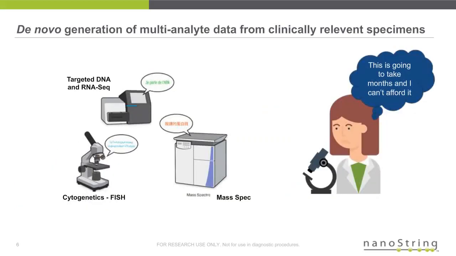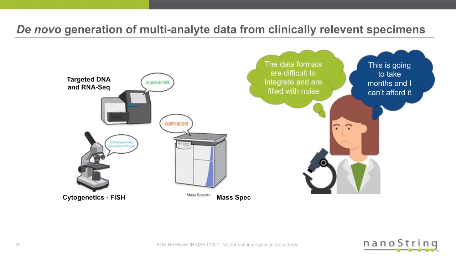So doing that, of course, traditionally requires multiple technological approaches, maybe high throughput sequencing, mass spectrometry, cytogenetics, so imaging type technologies. Studies like that are time consuming and often quite expensive. They also generate data sets that are quite disparate in their structure, so it's very hard to integrate those data.